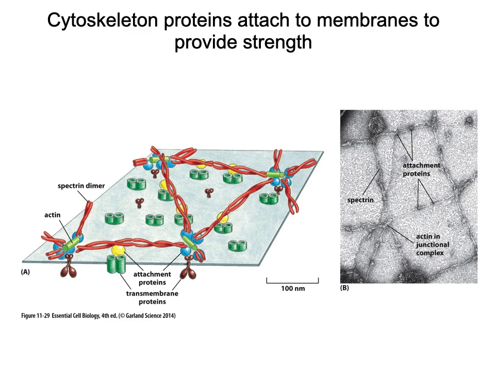You can see that attachment, and then we can see these fibers that are running across. As those filaments lengthen or shorten, that is going to change the shape of the plasma membrane, right?